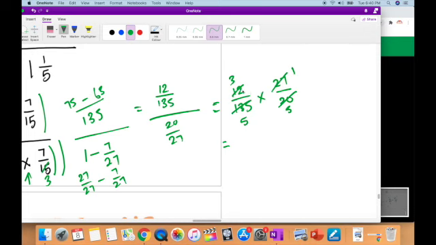So I can get 3 here and I can get 5 here. So now 3 times 1 will give me 3, and 5 times 5 is 25. And this cannot be simplified further. So this is the final answer. How are you feeling about this one? Good. Alright.